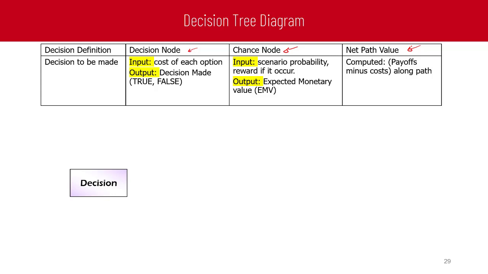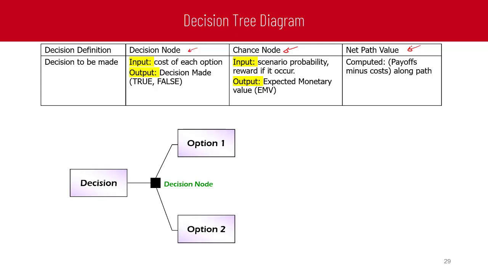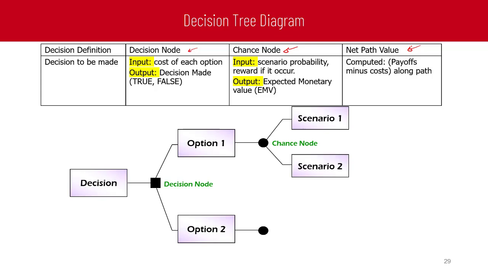To start with drawing the decision tree, first we have a decision and we draw a decision node. From this decision node we will have our decisions. In this case we have option 1 and option 2. Option 1 will lead to a chance node with two scenarios, scenario number 1 and scenario number 2.